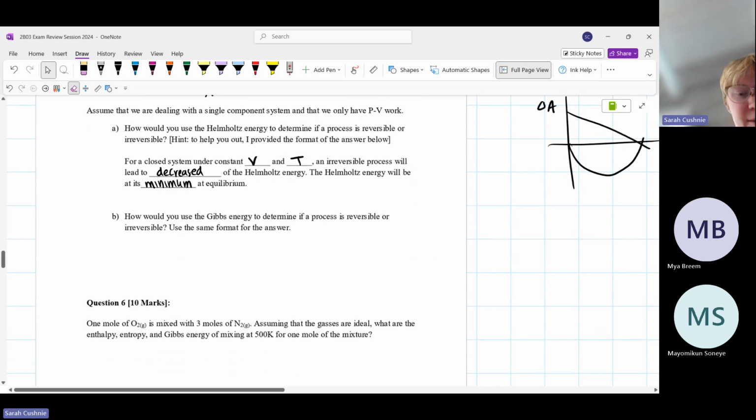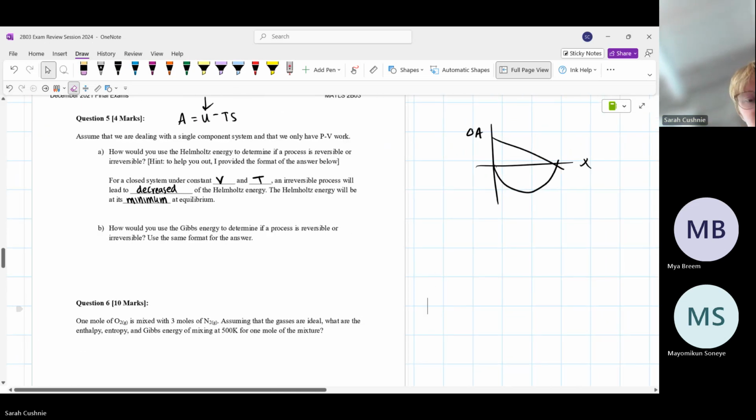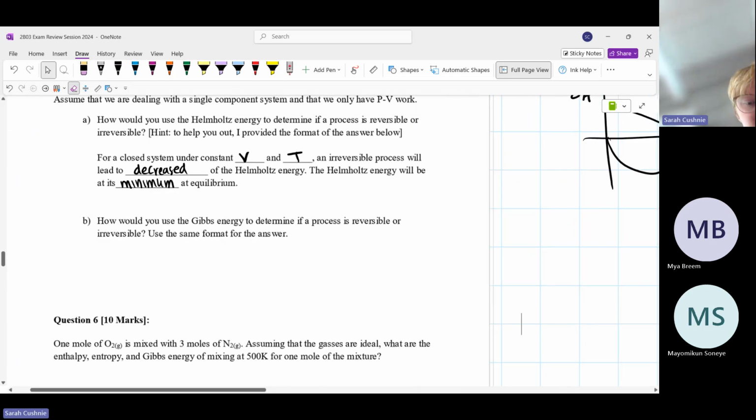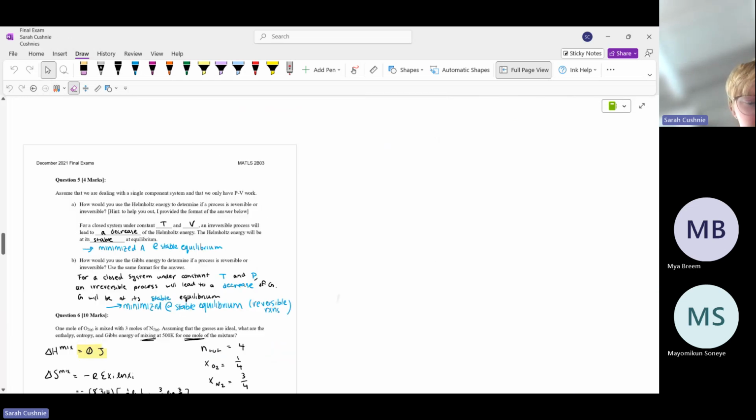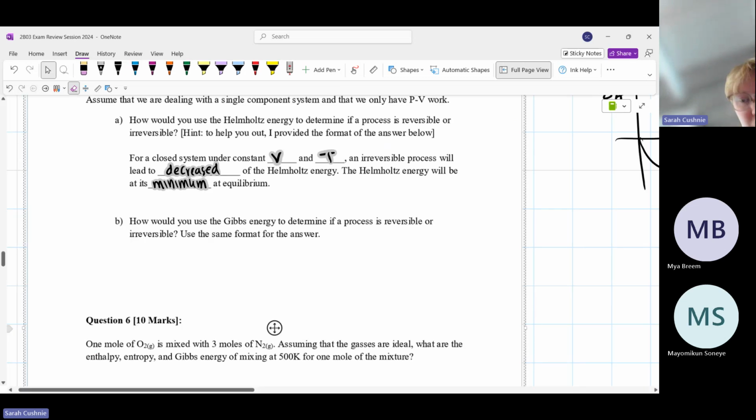And next, we're talking about Gibbs energy determined for processes, reversible or irreversible. So how to determine if a process is reversible or irreversible? I don't remember, we're going to check this. We're going to copy this and then I'll explain it with words.